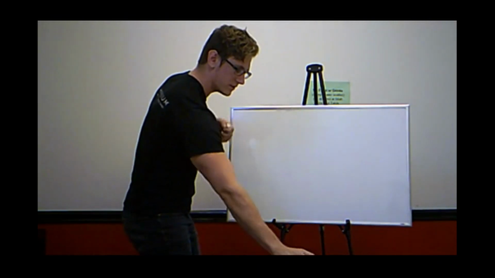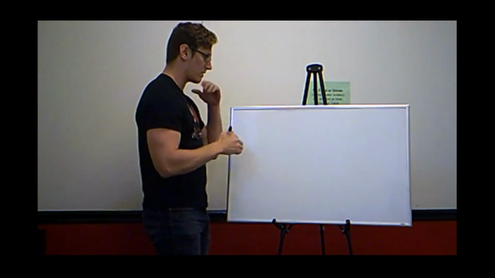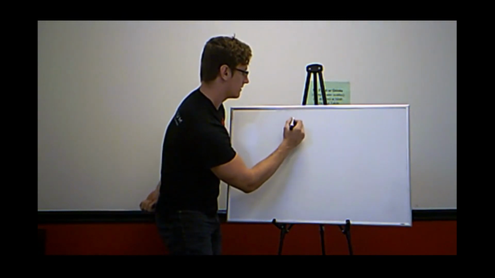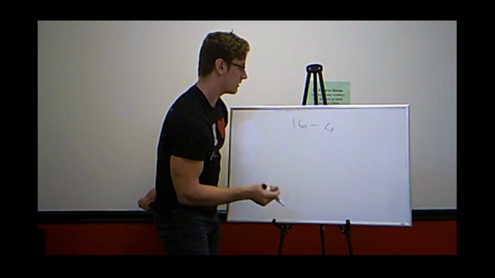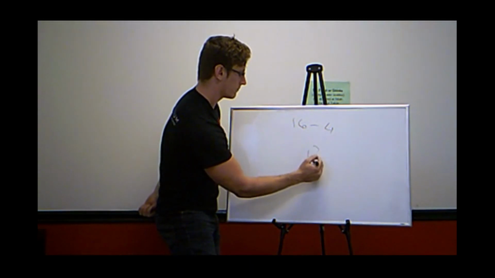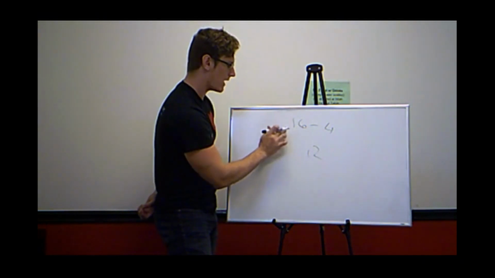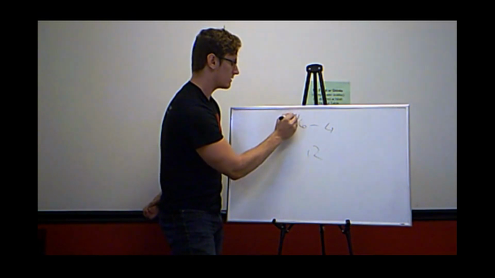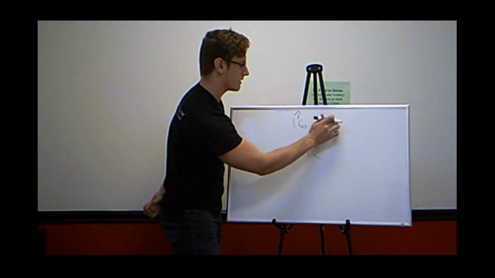Then that plays into our factors when we're adding or subtracting numbers. So let's take 16 minus 4. This is pretty simple. It's pretty clearly 12. But let's see what happens. We have a positive number here. Positive numbers increase our value, and then we're subtracting a number here.